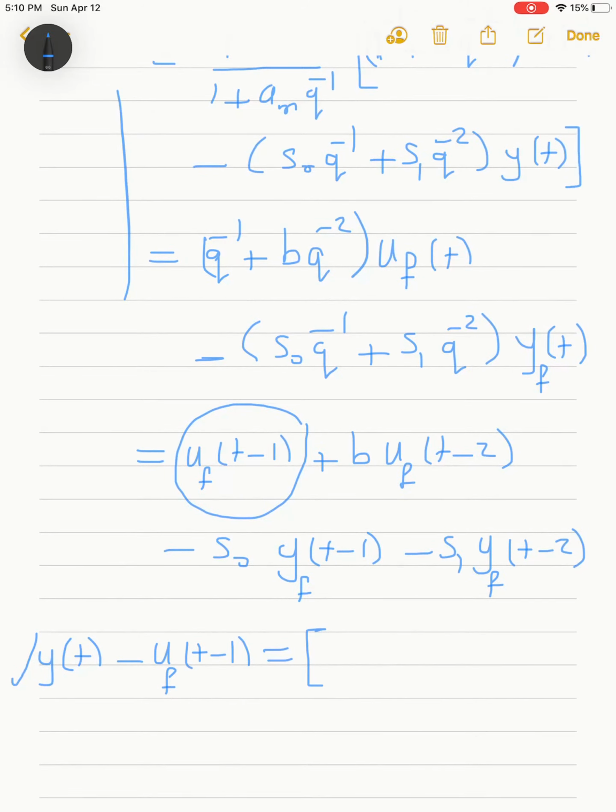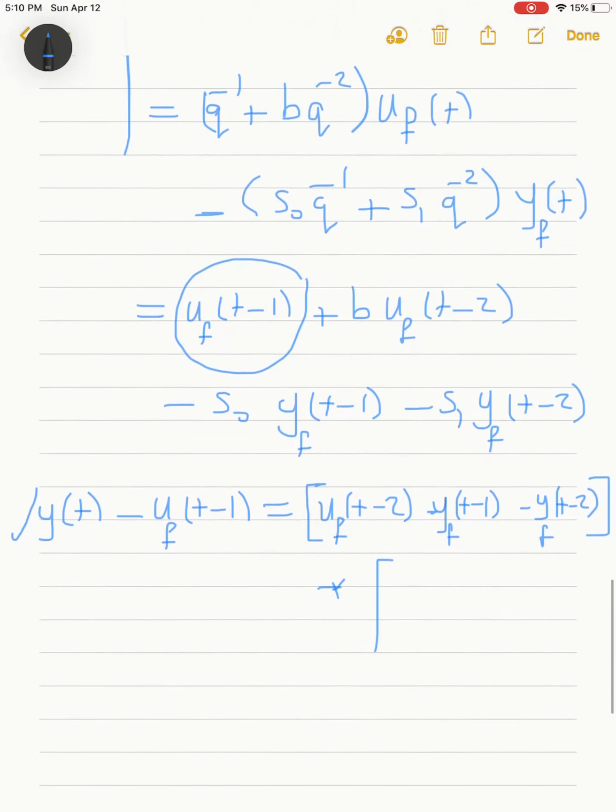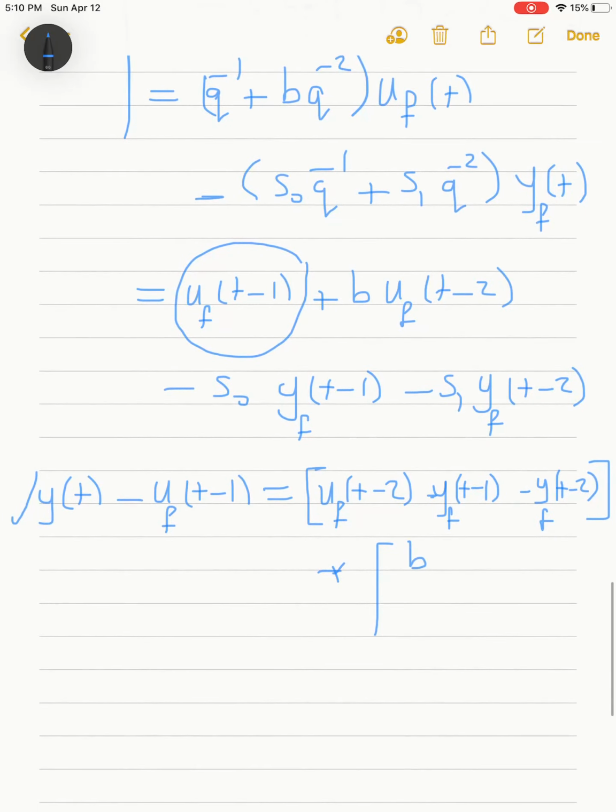That product would contain uf at t minus 2, minus yf at t minus 1, and minus yf at t minus 2, times the parameters b, s0 and s1. So this is our form for the estimator.